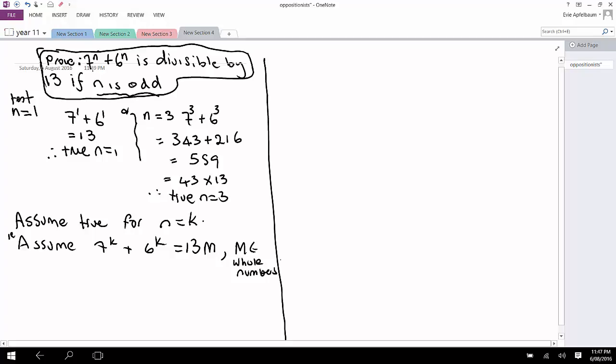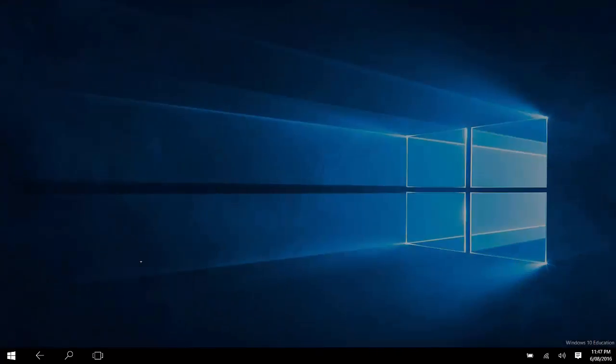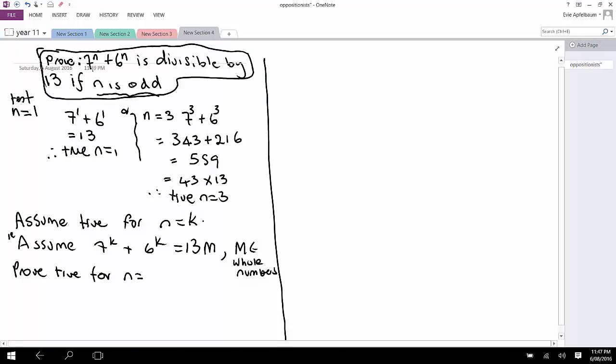And we want to prove true as usual for n equals k plus 1. Prove true for n equals k plus 1, I said. Oh no, k plus 2.